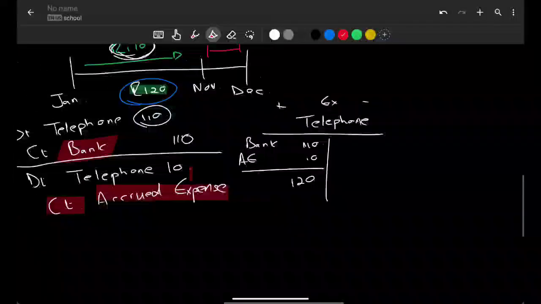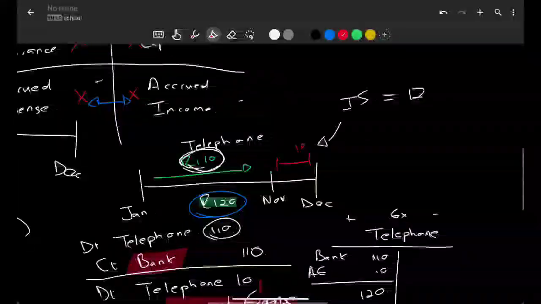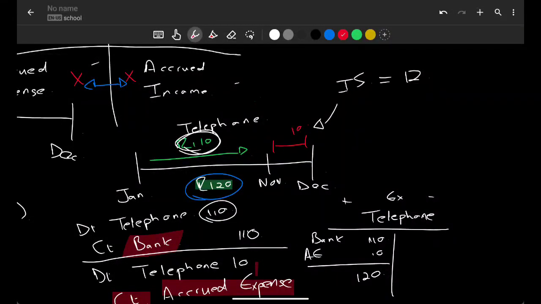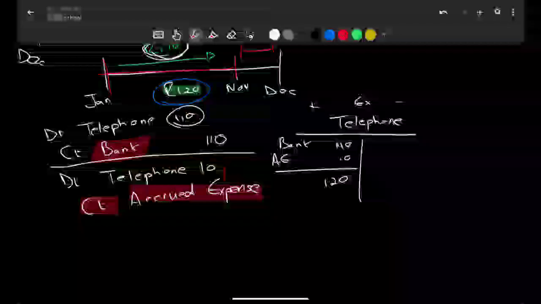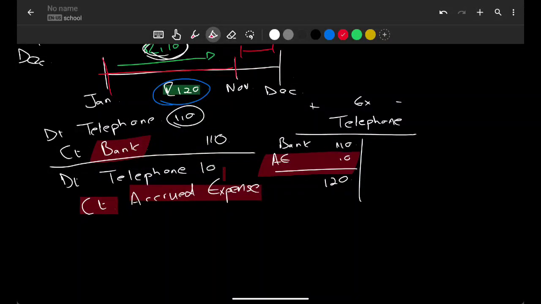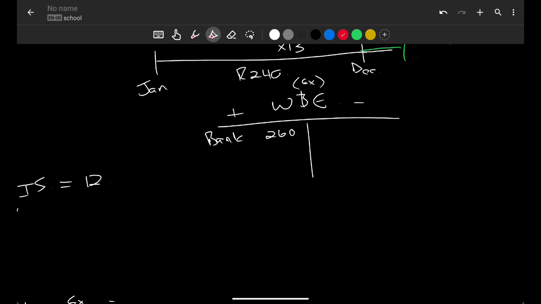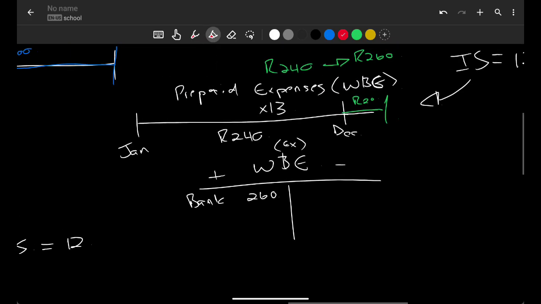In this case, we paid for accrued expenses. We paid for 11 months here. We paid for 11 months and 1 month behind, and then we had to add the 1 month, right? So you see the pattern whereby your income statement must always reflect the 12 months in the year. Whether you paid it or whether you didn't pay it, it must always reflect that period.